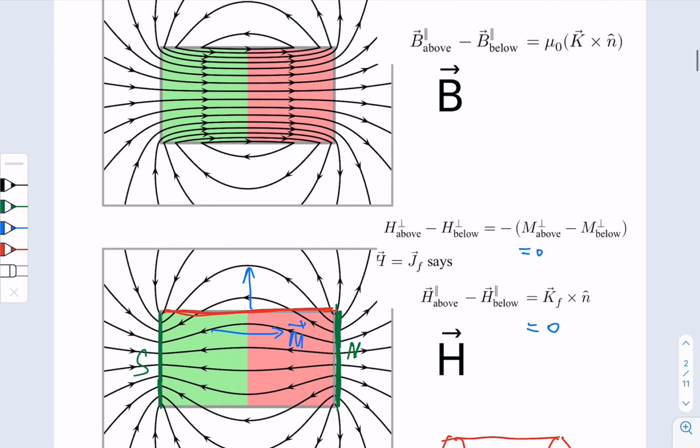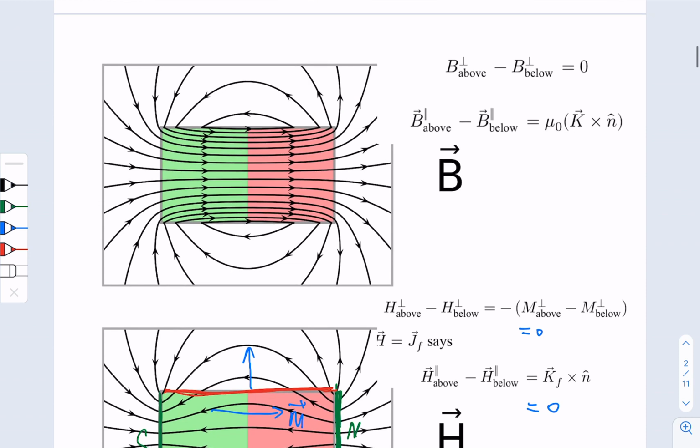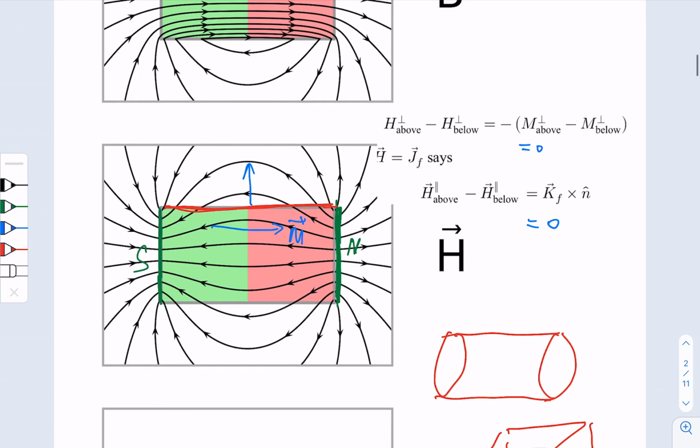Now let's take a look at the B field. Oh sorry, we haven't actually gone through this edge yet. At this edge, you have to be careful that even though the K free is 0, there is this term here.